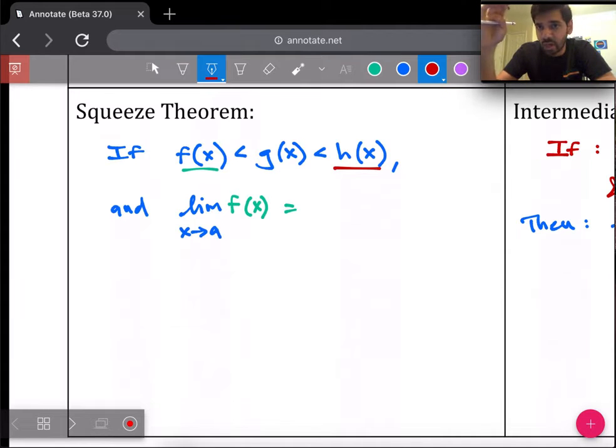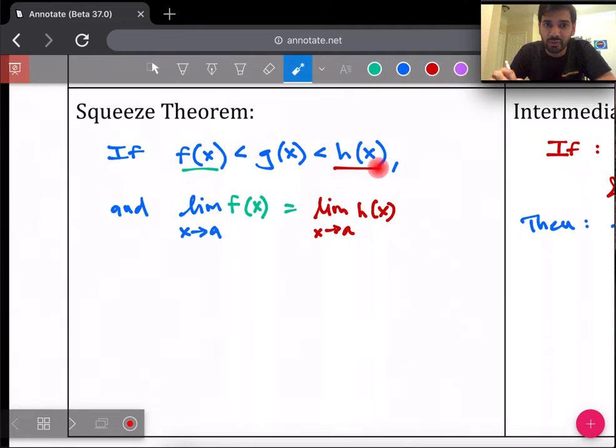What it's saying is that the top and the bottom one, if their limits are the same at a certain point, then the middle one has to also have that same limit. So here, the limit of f of x and the limit of h of x. I chose this top one and this very bottom one, the greatest and the least function. If their limits, I need to erase this and use the right color here. Okay, limit as x approaches a.